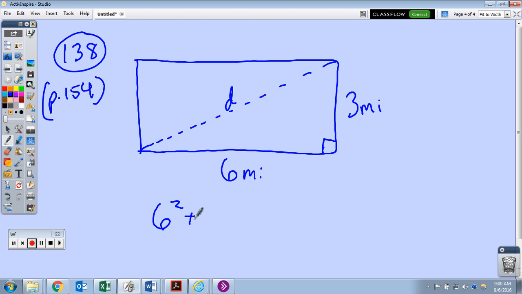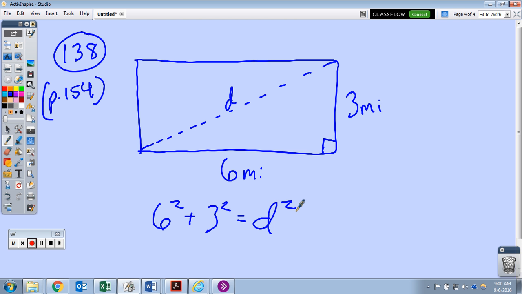6 squared plus 3 squared equals d squared. Very good. This should be fundamental for you guys. Should be pretty solid.